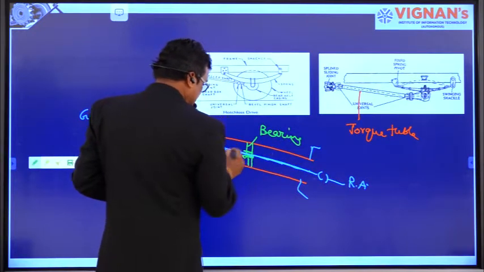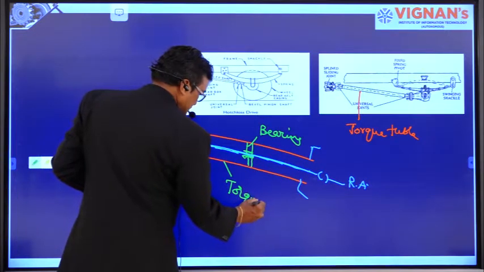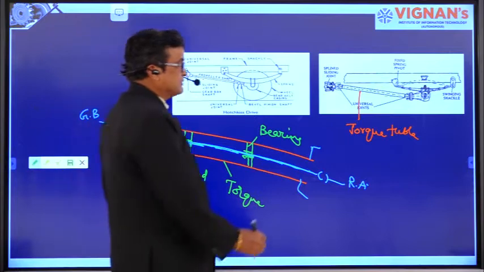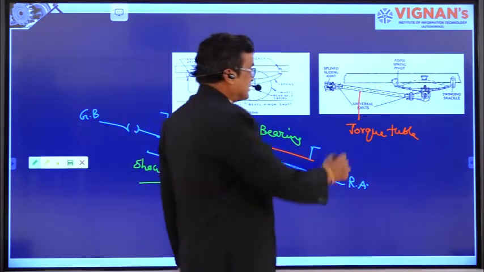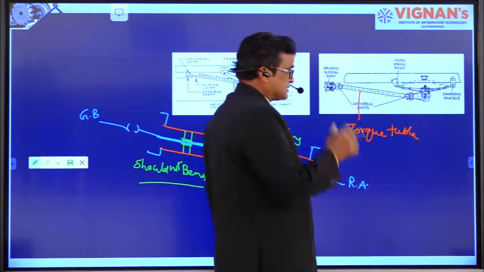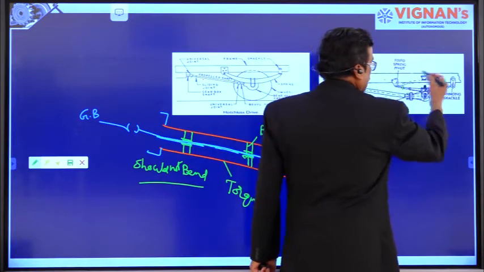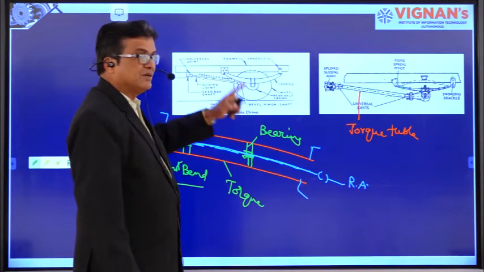Inside this is the torque tube. In the torque tube drive arrangement, the rotation of the propeller shaft is not visible, and the torque tube is fixed on either side to the chassis. Remaining things are the same. Bracket, shackle, everything is the same. Only the fixing of the propeller shaft is different.